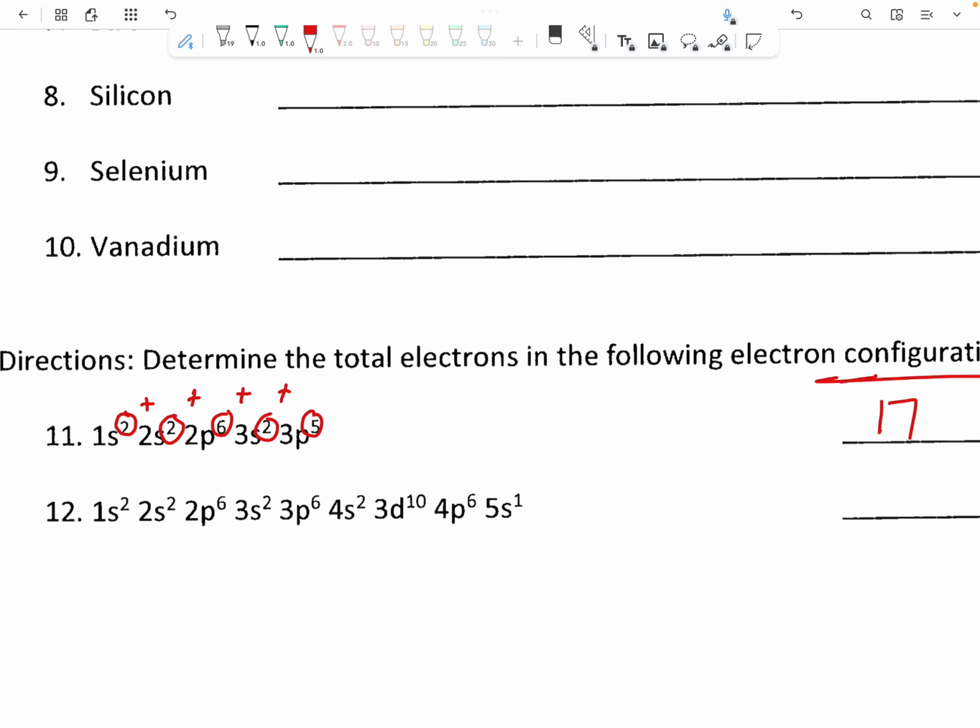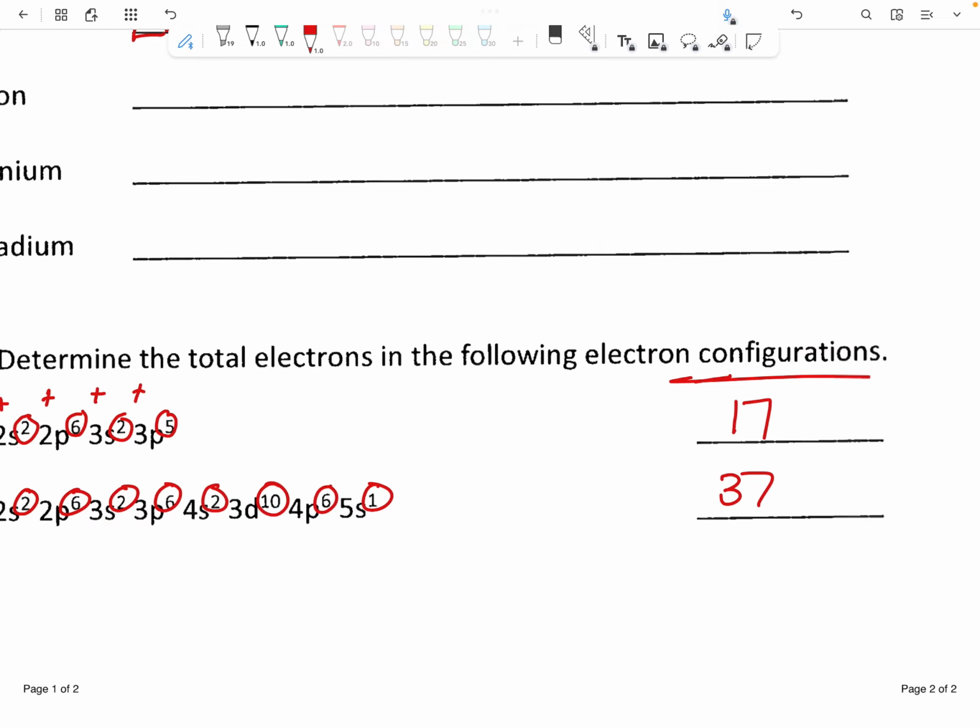For number 12, that'd be 2 plus 2 is 4, 10, 12, 18, 20, 30, 37. Okay? There you go.